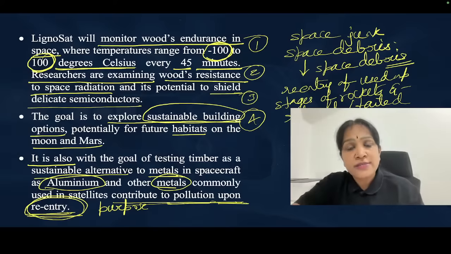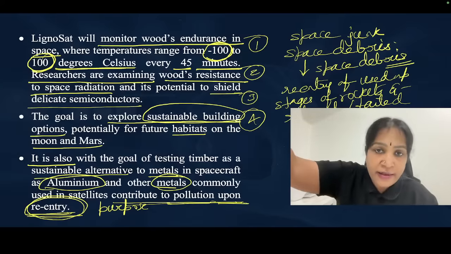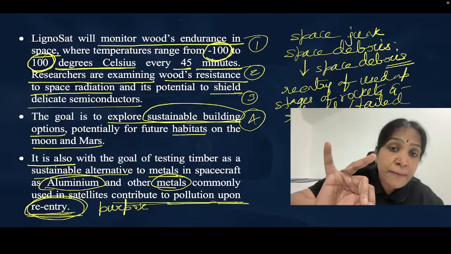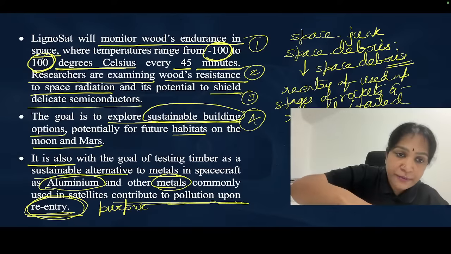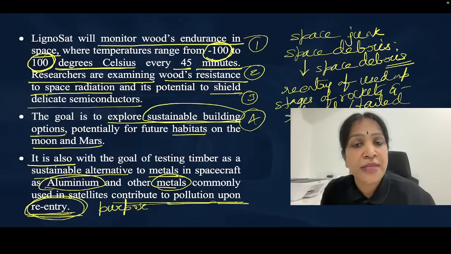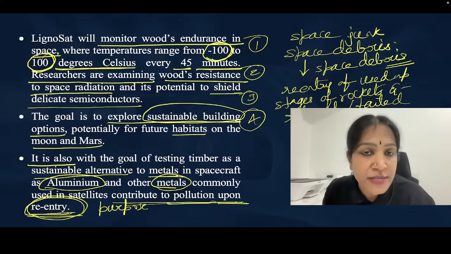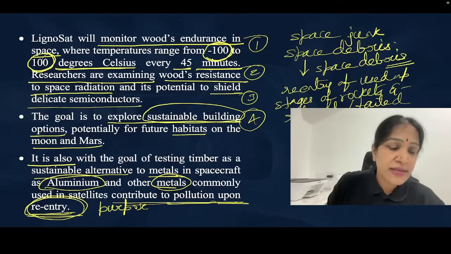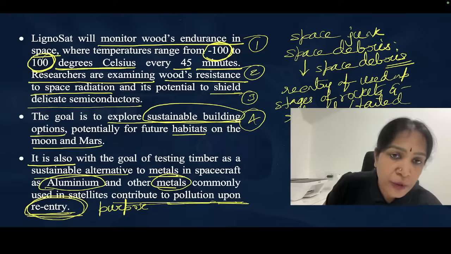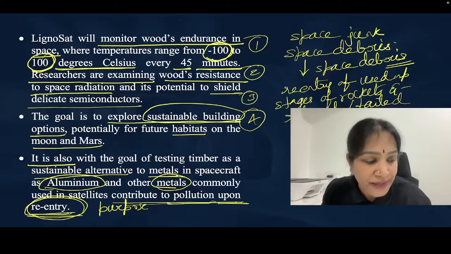But how to reduce the space debris which is already there? Bring them back into Earth's atmosphere. When they are coming back, they will cause pollution if they are manufactured using metals. Is it clear?